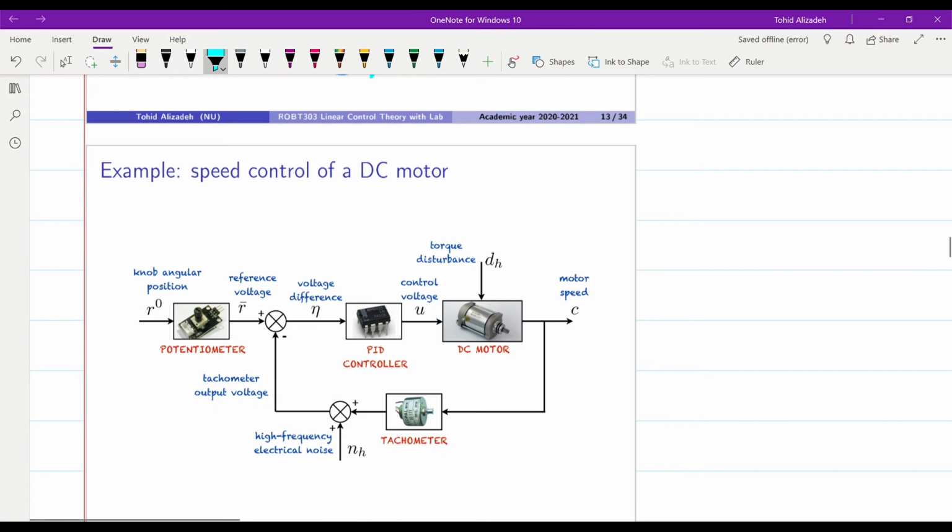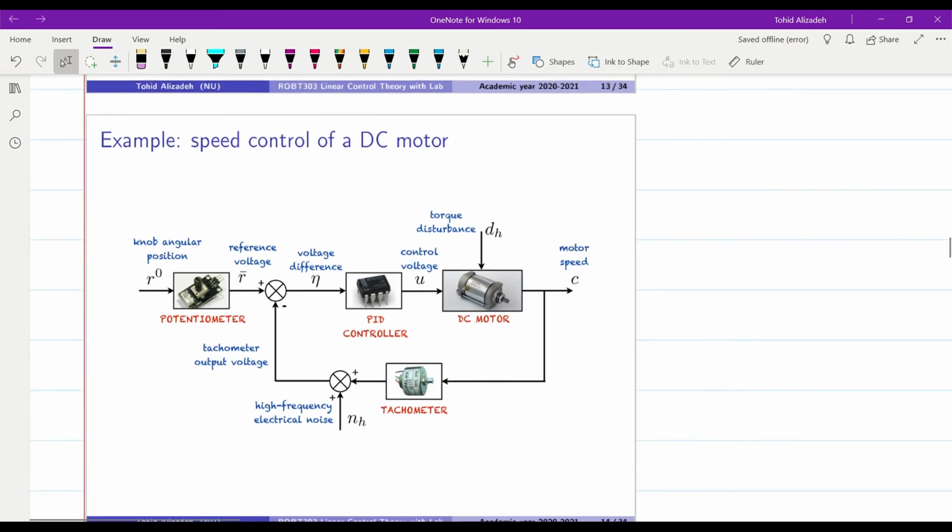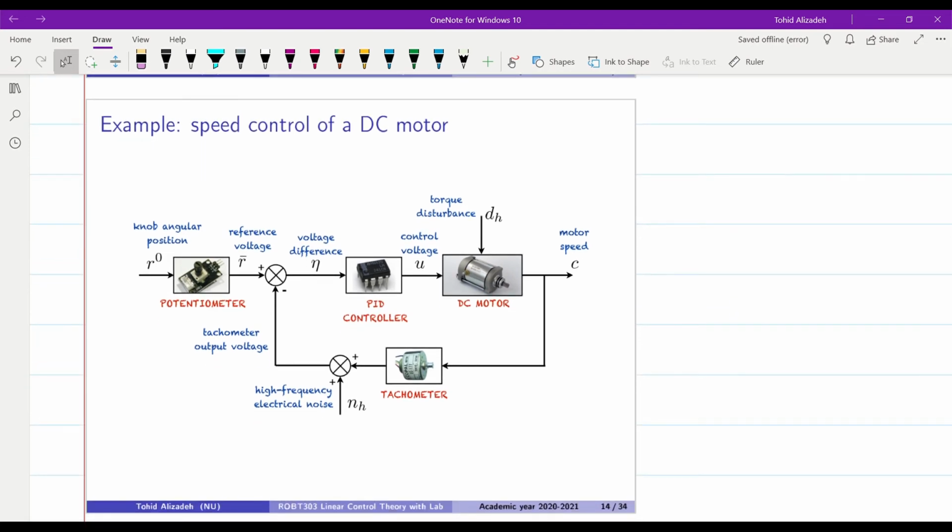Here you can see an example of a closed loop system given in the form of blocks, but we don't have the transfer functions for each block. However, we are representing it with some symbolic image. This is the speed control of a DC motor system.